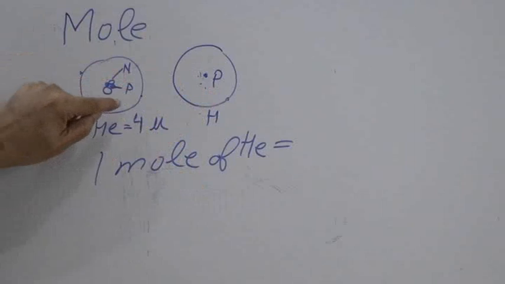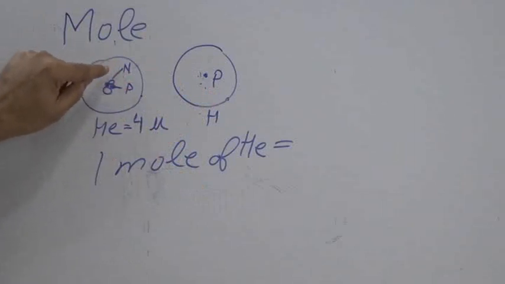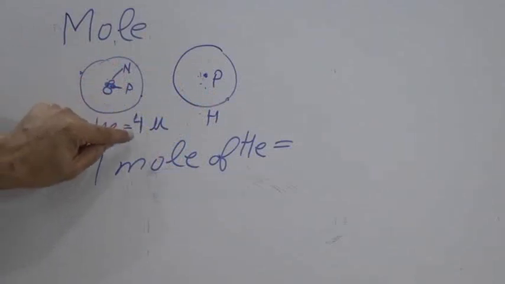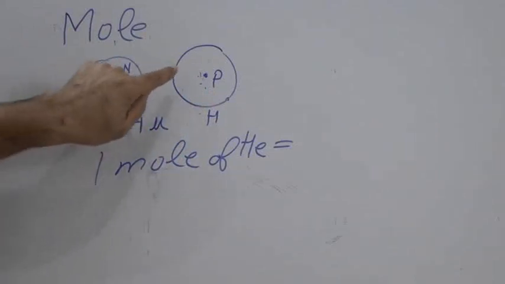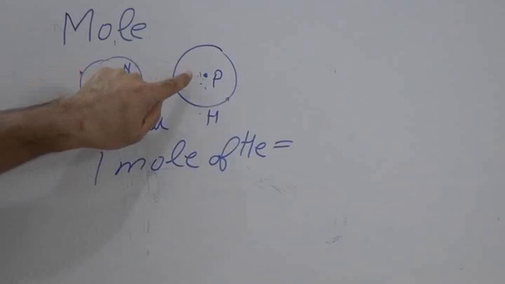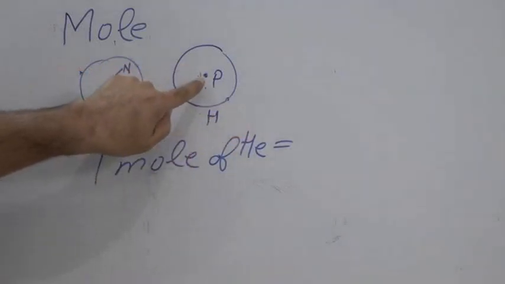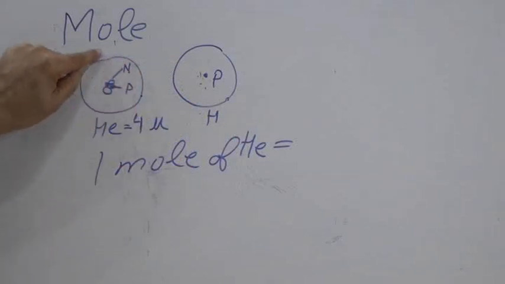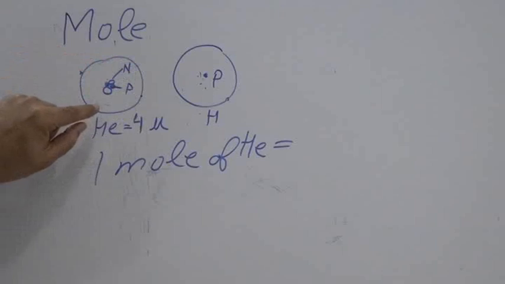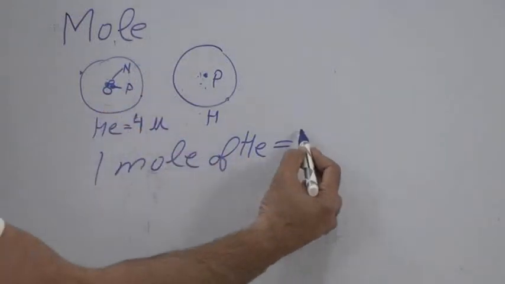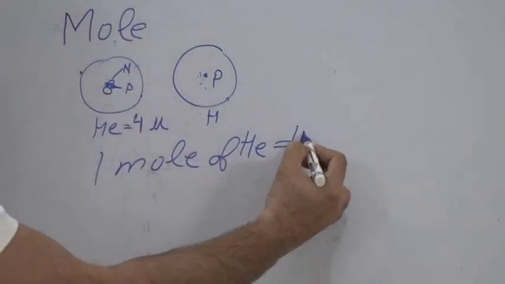Here, the unit that we are counting equals 4 U. The number remaining the same, 1 mole of protium weighs 1 gram, as its mass is 1 U. And the same number of He atoms would weigh 4 times this. That means 4 gram.